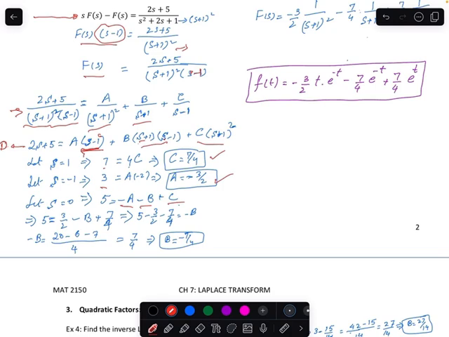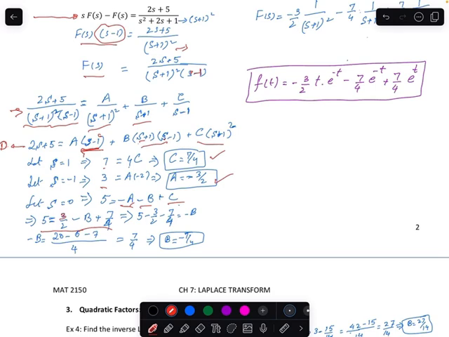Plug in the values that we know. We already calculated c and a, so we plug that in. So we have 5 is equal to the negative of -3/2, which gives me 3/2, minus b, because we don't know b, so we keep it as it is, plus c. C was 7 over 4. So I have 5 is equal to 3 over 2 minus b plus 7 over 4.